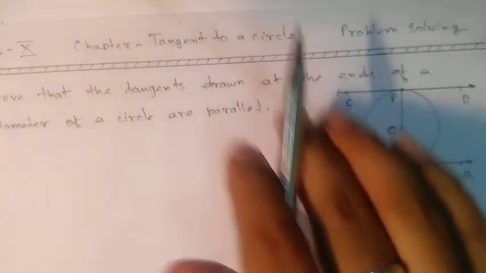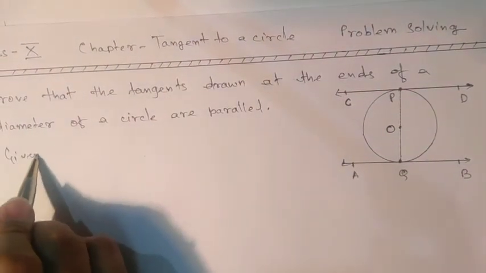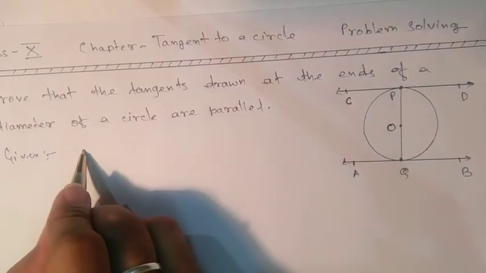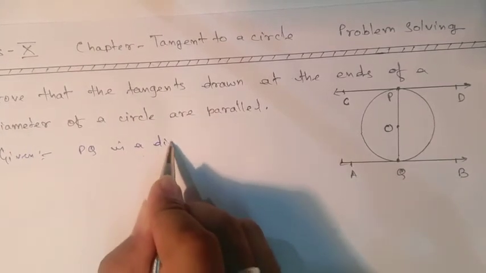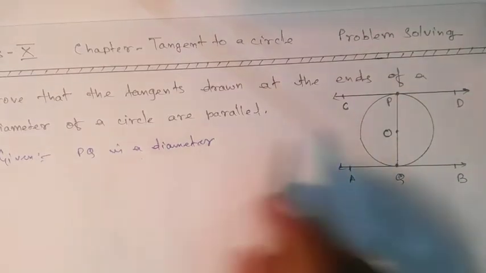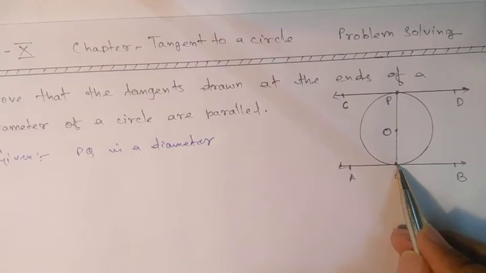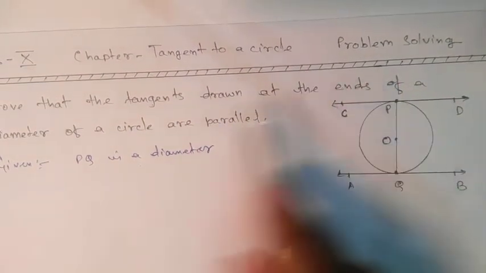Okay. So let's start. What have they given here? They have given that PQ is a diameter, and that two tangents will be drawn through points P and Q. That means tangents drawn at the ends of a diameter.